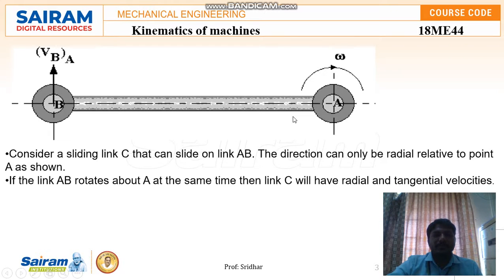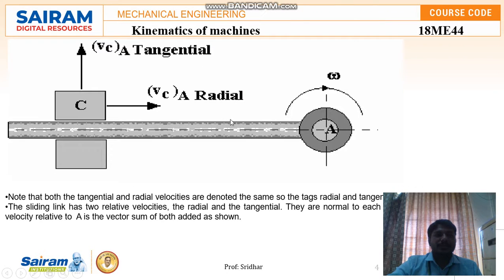The link AB will be rotating about A, and at the same time the link C will have radial and tangential velocities. Now we can see this for the same slider crank mechanism. The link C is attached, and now it will have a tangential motion. This is VC, moving in a tangential motion, and this is the radial motion.